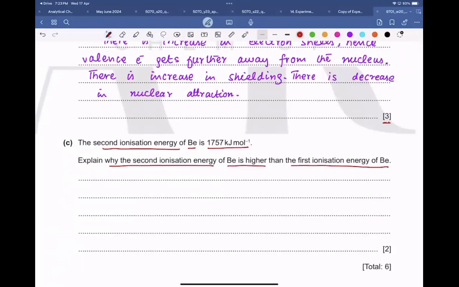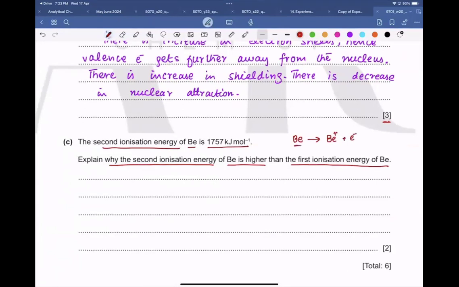When it's a beryllium atom, it loses the electron, turns into a beryllium positive ion, and the electron is released.